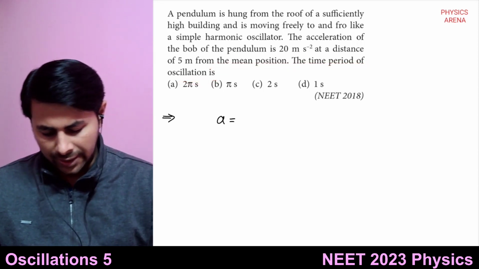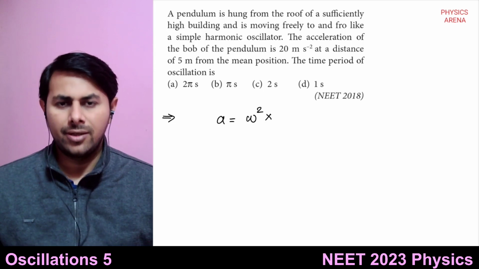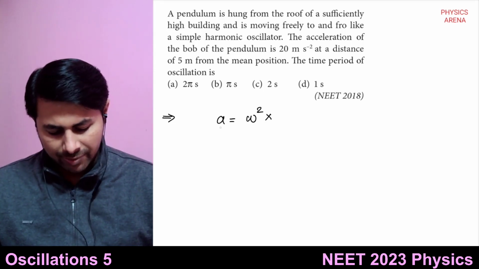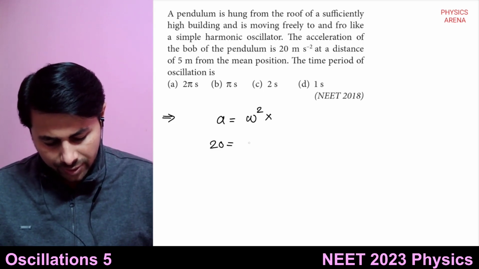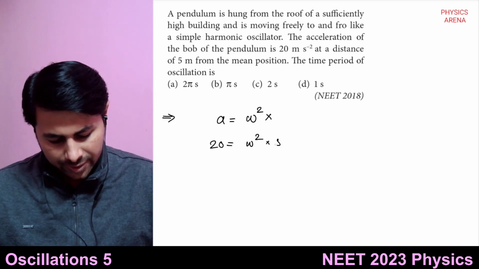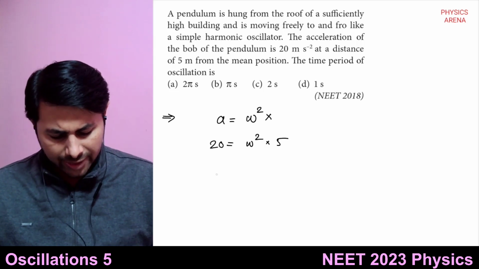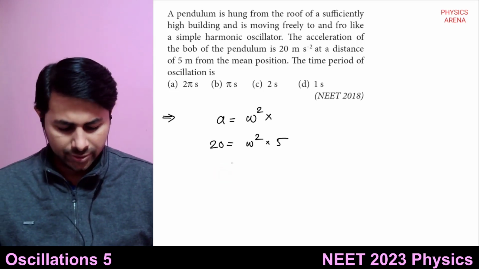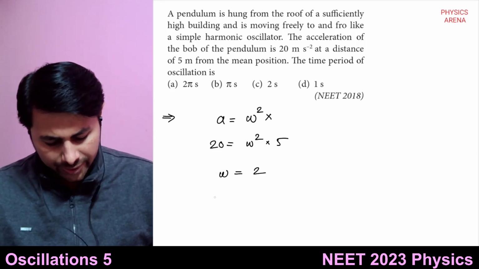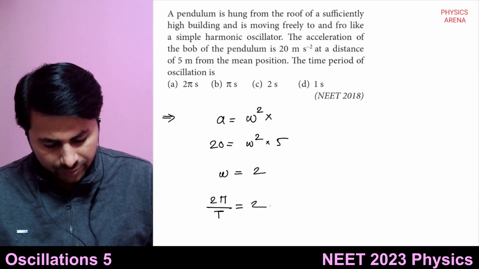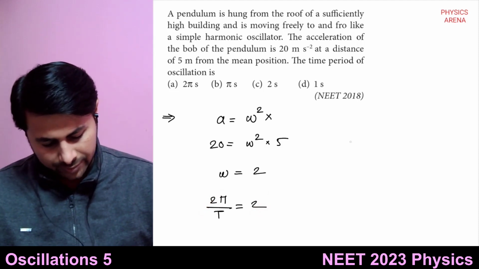Very simple, right? Just use a equals minus omega square x, but we just want magnitude. That's why I'm writing a equals omega square x. So 20 equals omega square multiplied by displacement 5. That means omega square equals 20 upon 5, that's 4. So omega equals 2, and we want time period. So 2 pi upon T equals 2. 2 gets cancelled. T equals pi is the answer.